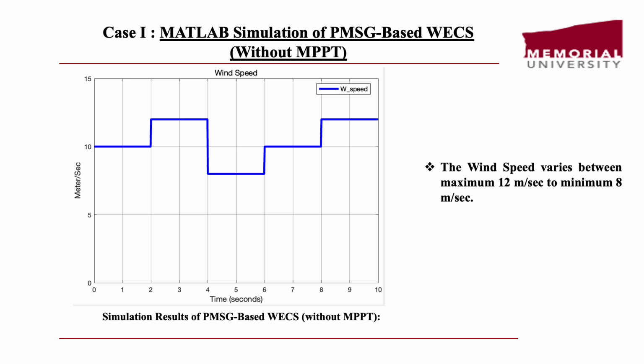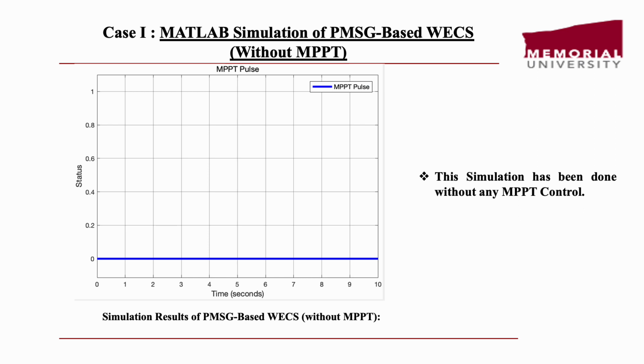You can see first it was 10 meter, then 12, then 8, and we can check the performance of the wind turbine and the other components as the wind speed changes. You can see there is no MPPT pulse. That means the first case is the simulation which is without MPPT.